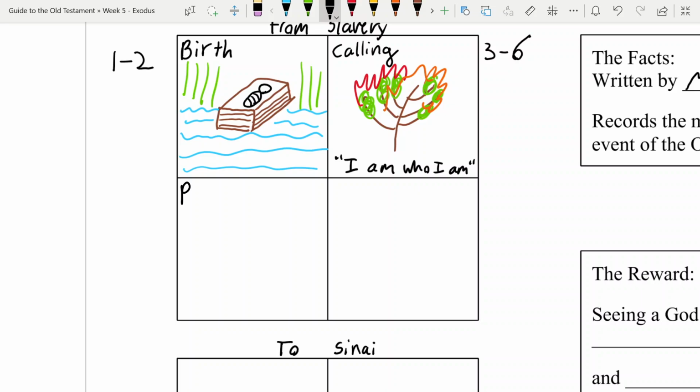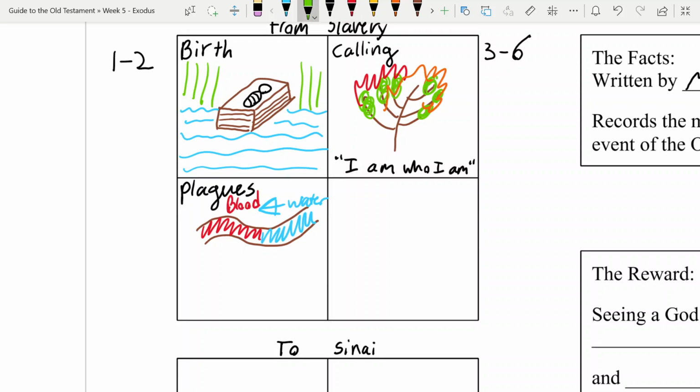Next is the most famous story, most likely from the book of Exodus, the 10 plagues. So in order to convince Pharaoh to let the people of Israel go, in order to defeat the gods of Egypt, God sends Moses to do these various plagues, like turning the water of the river Nile into blood.